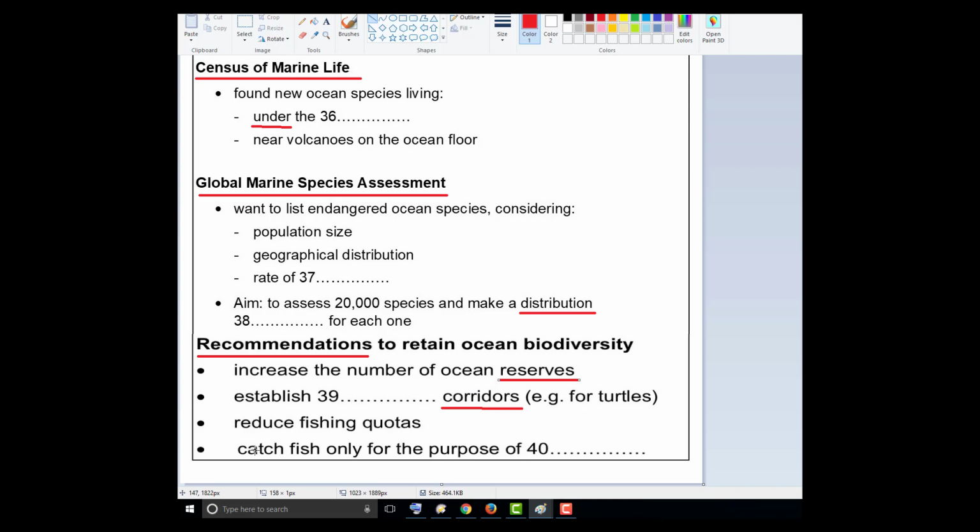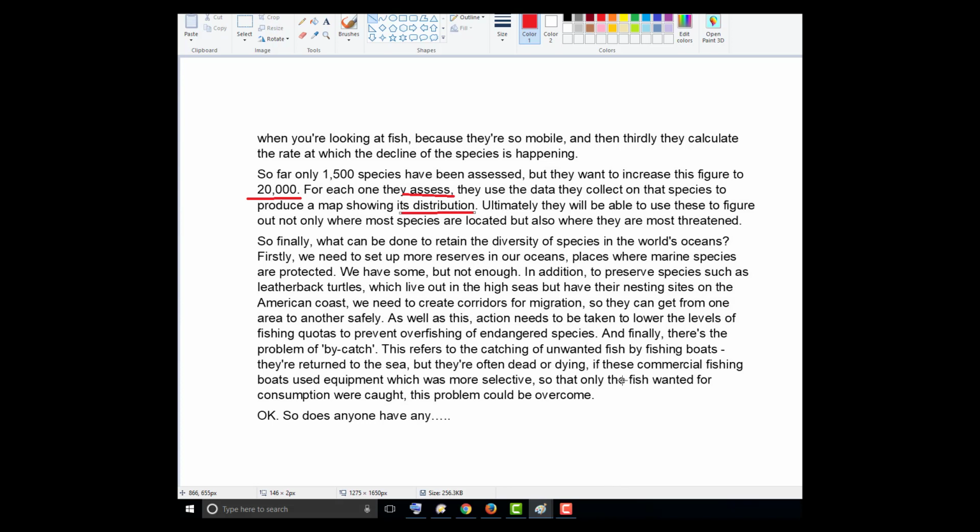And then the last question, catch fish only for the purpose of. Well, of course here, our keyword is going to be purpose. And if we're going to go look at the script, let's see. Okay. So here we see they talk about the problem.